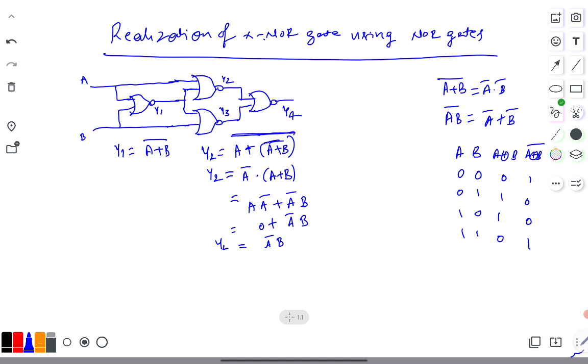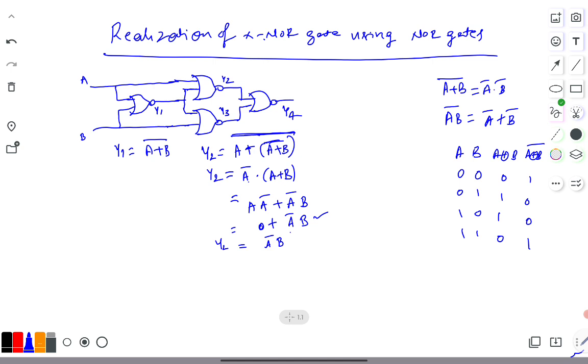Next apply De Morgan's theorem again, the double bar gets cancelled. Next multiply: A into A bar plus A bar into B. A into A bar is 0, so you will get A bar B. Y2 is equal to A bar B. Similarly you simplify for Y3.